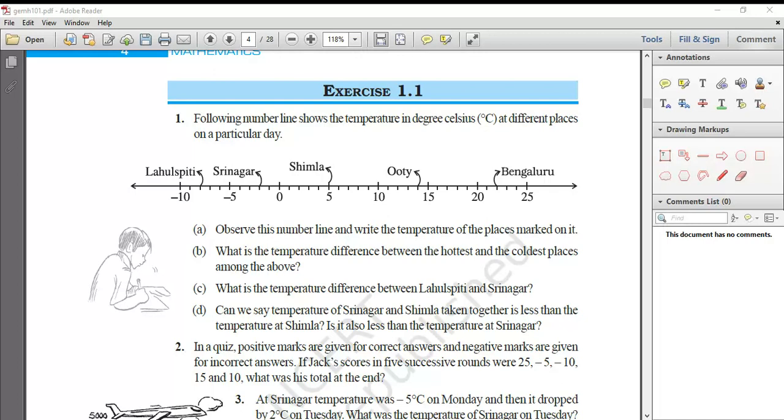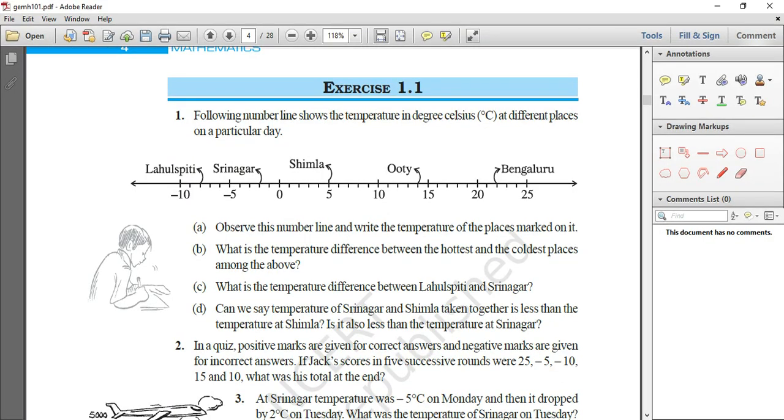So let's get started. Question number one says that the following number line shows the temperature in degree Celsius at different places on a particular day.